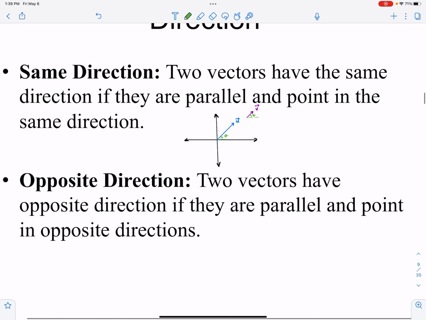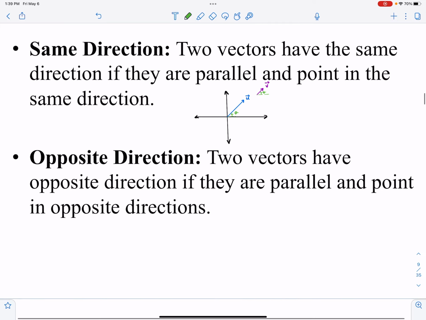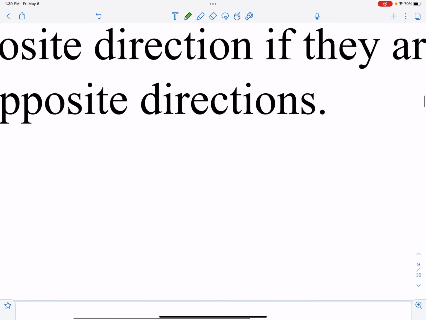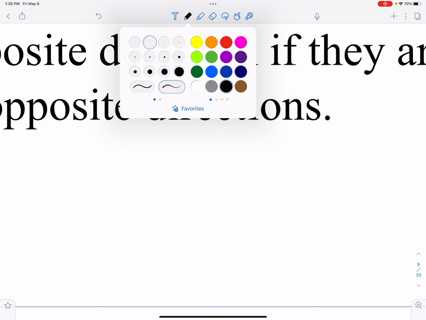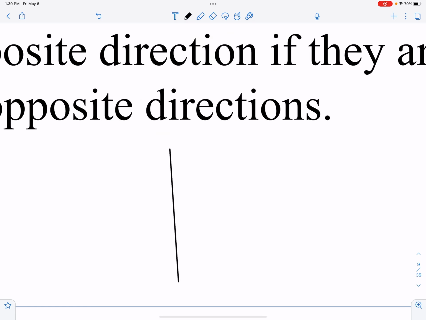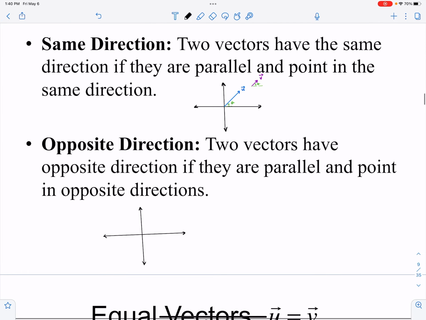Two vectors are pointing in the opposite direction if they're parallel to each other, but the arrows are pointing in the opposite direction. So an interpretation of that in the xy plane would be, let me see.